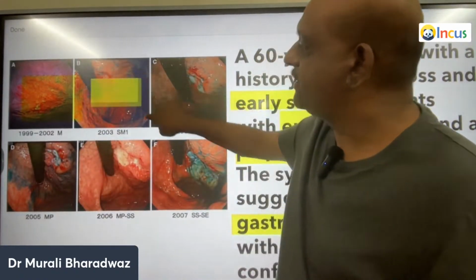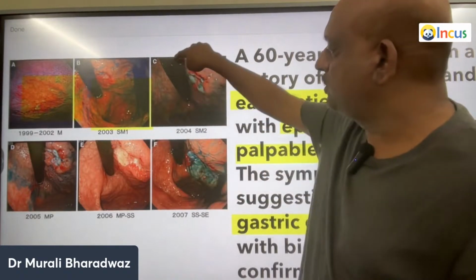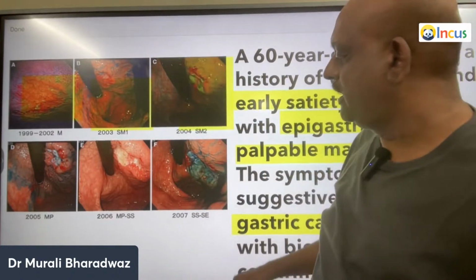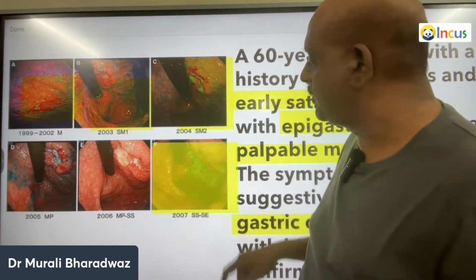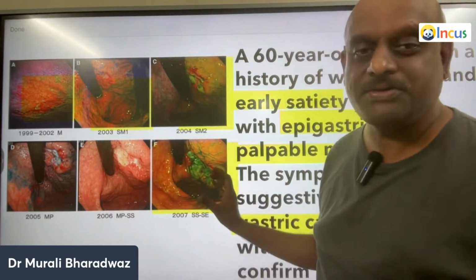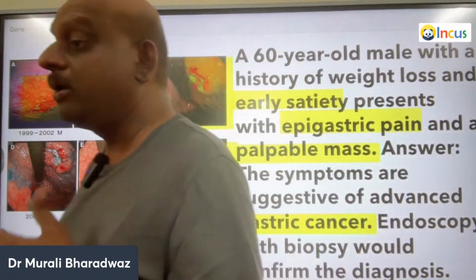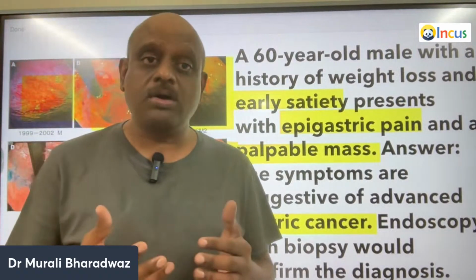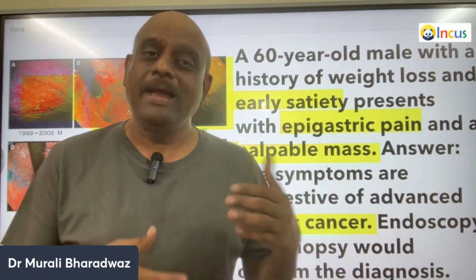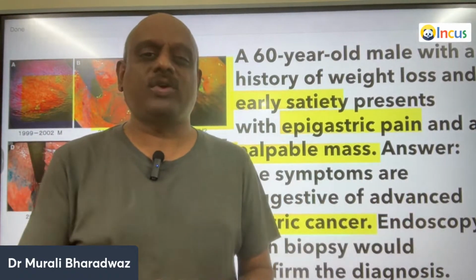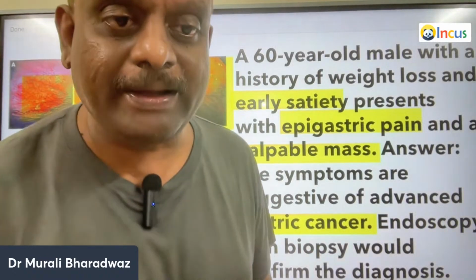In 2003, it has grown, and by 2004, it has grown more, and by 2007, it has grown into a proper mass. This is how the gastric carcinoma typically grows and presents with weight loss, epigastric pain, and early satiety, which is what you have to remember.